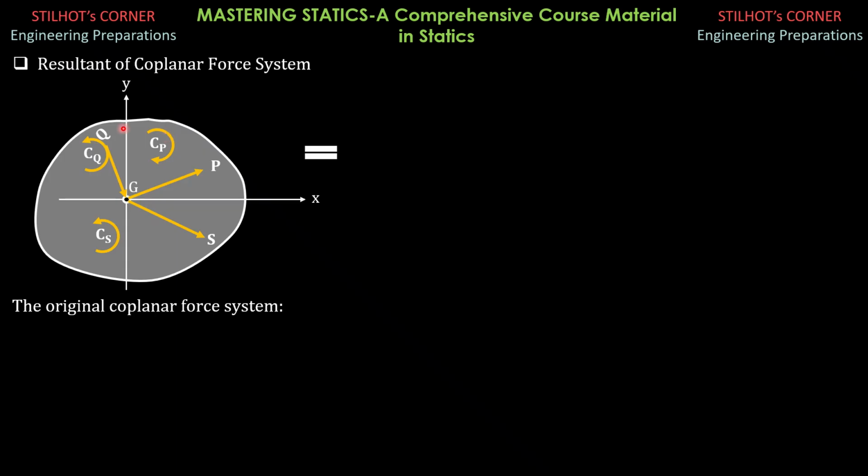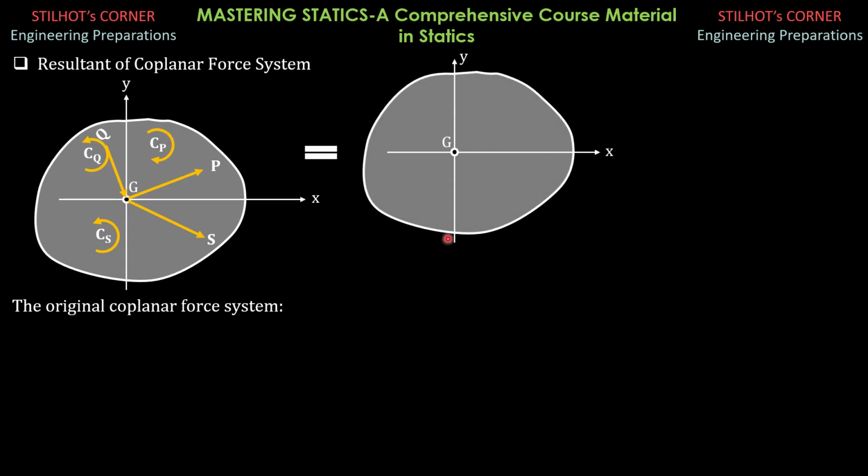So this is just the generalization based on principle. So this is now the system. The original system is now replaced with a single force R and a couple which is counterclockwise as shown.